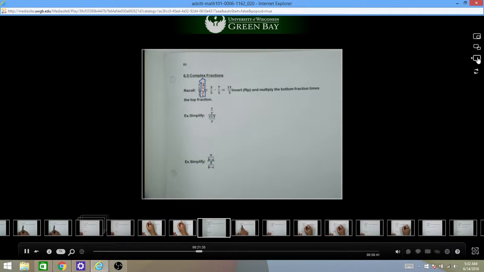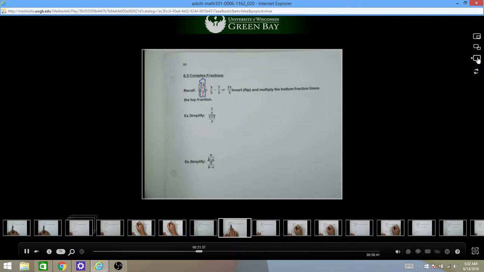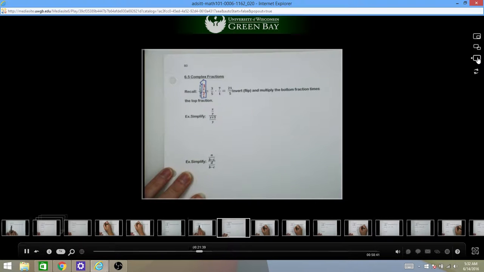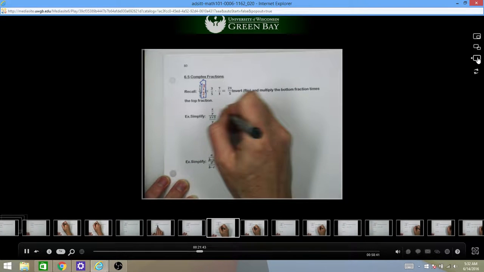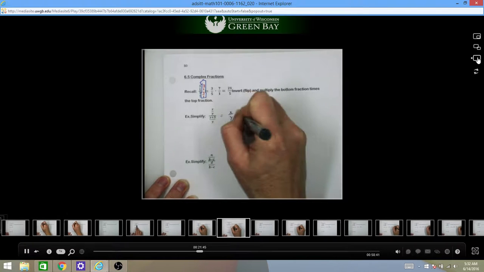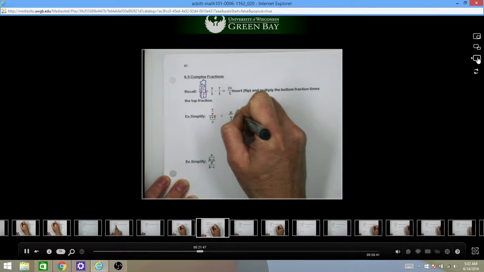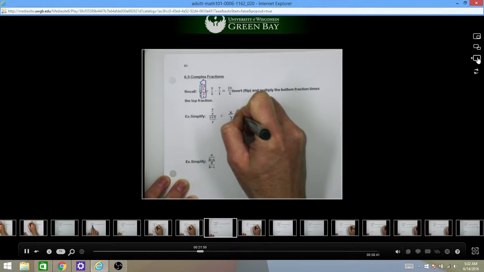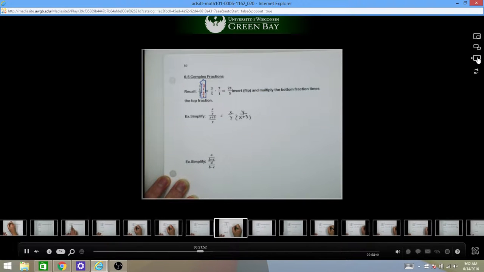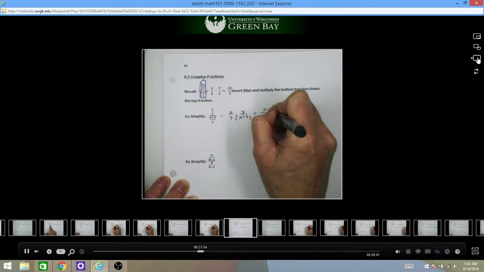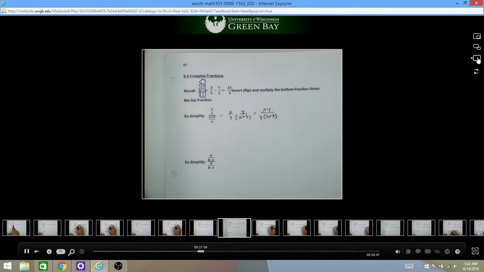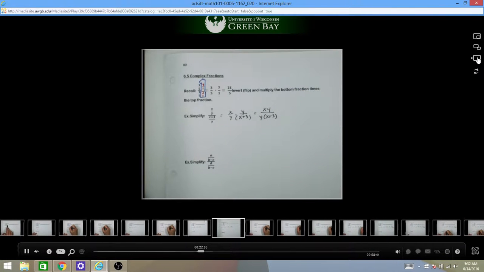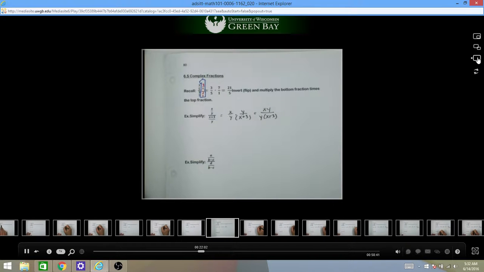So we don't usually show the bottom, we just show the inverting and multiplying. So here we'll just leave the x over y and flip y over x plus 3. And so as you multiply fractions, you multiply straight across. Remember, multiplying and dividing fractions is easier than adding and subtracting. You just multiply straight across the top and straight across the bottom when you multiply.